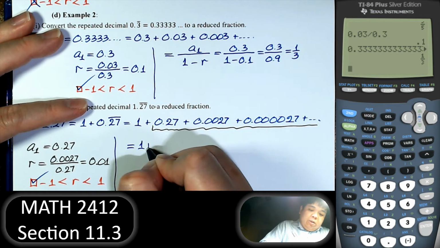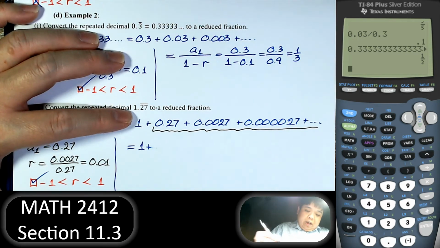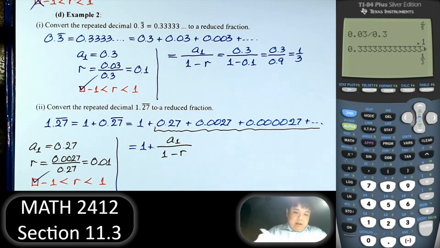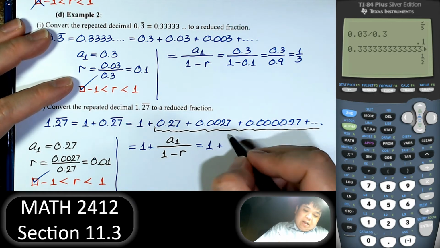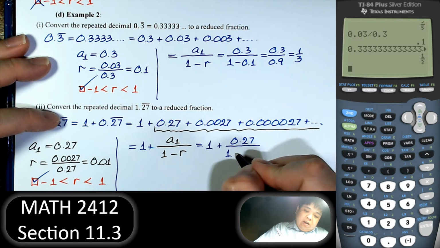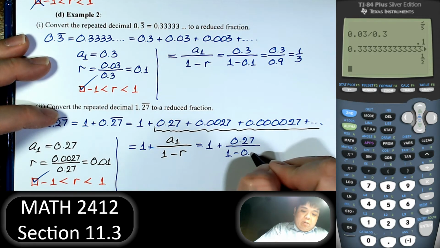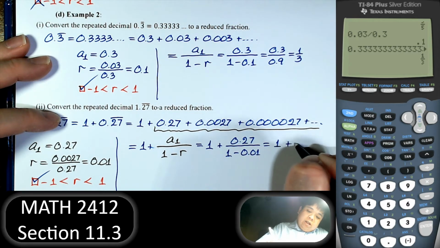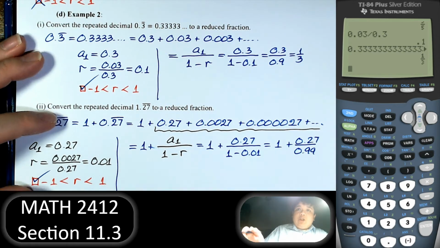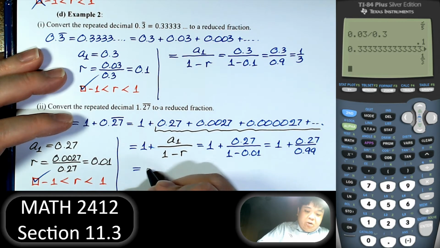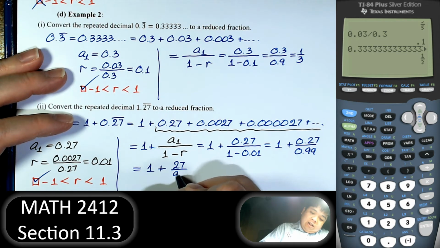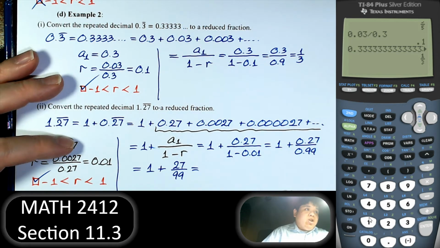We have 1 plus the whole series, given by a1 over 1 minus r. So we're going to have 1 plus a1, 0.27, over 1 minus the common ratio, 0.01. So we have 1 plus 0.27 over 0.99. Now if we move the decimal places two places to the right, we have 27 over 99. So we can just use a fraction there.